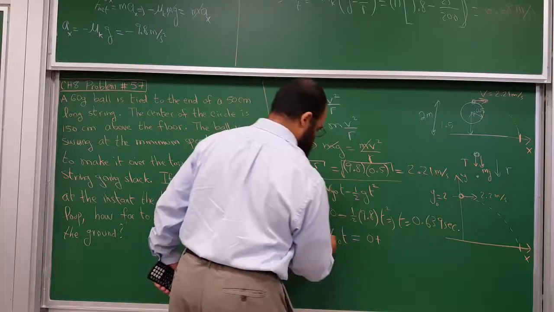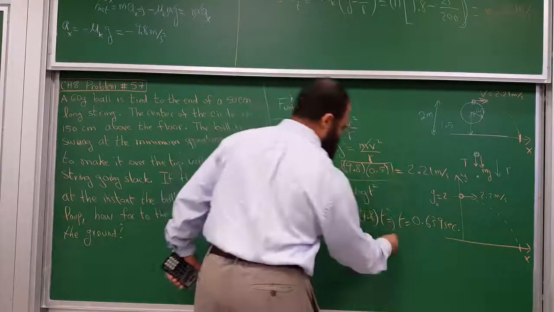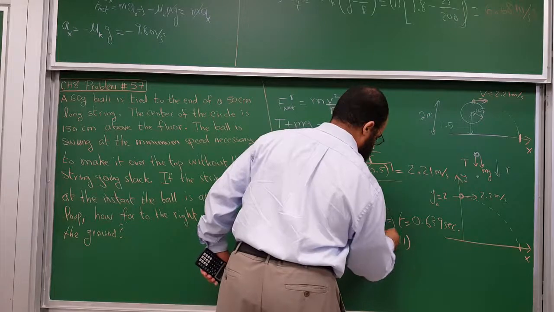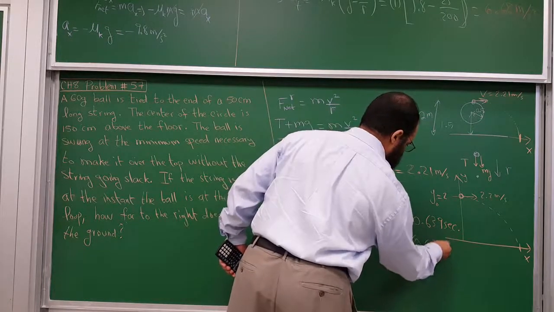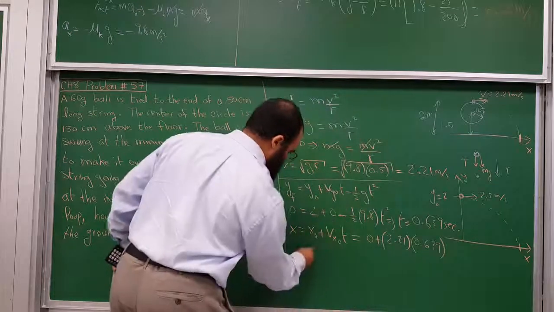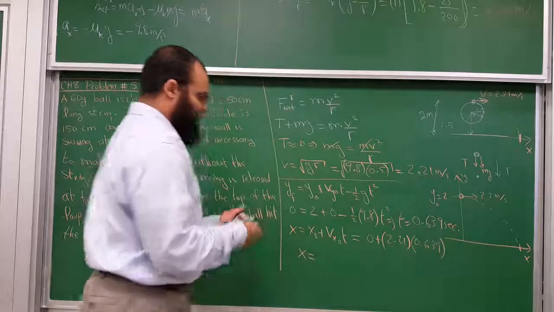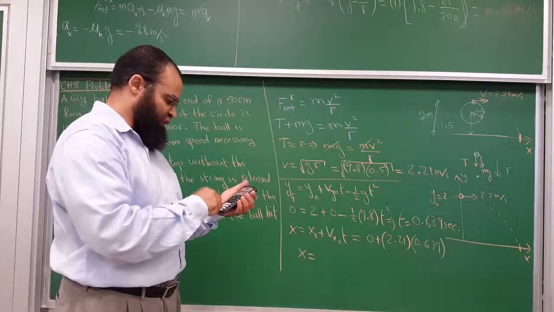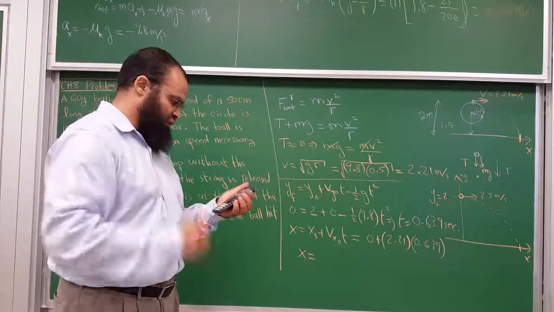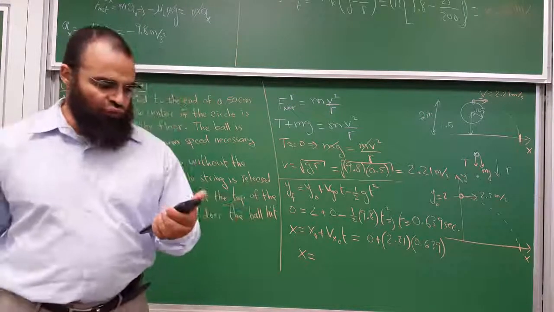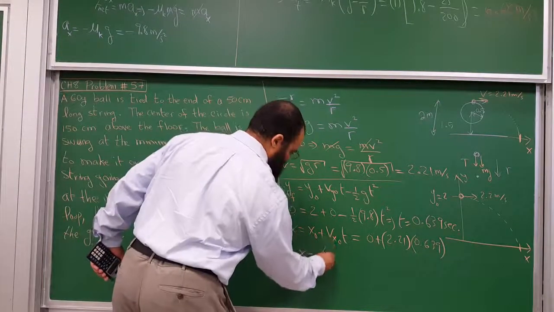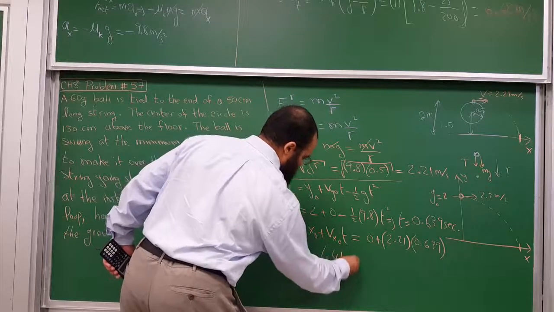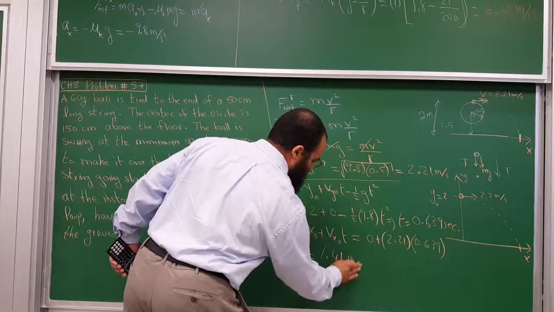And then plus, the initial x velocity is 2.21, and the time is 0.639. So x will be 2.21 times 0.639, and I get 1.41. Let me make sure I have it correct. Yes, 1.41. Not meters per second, just meters.